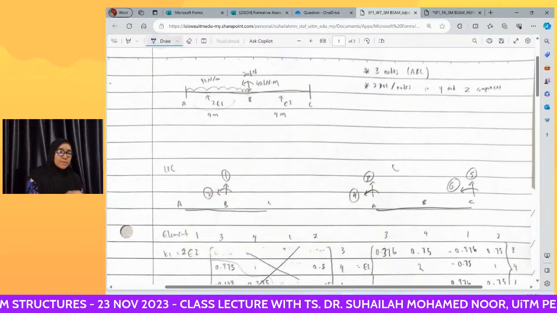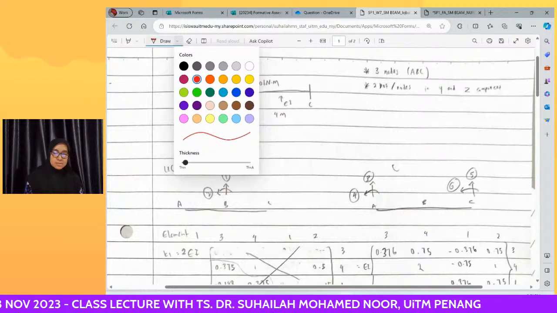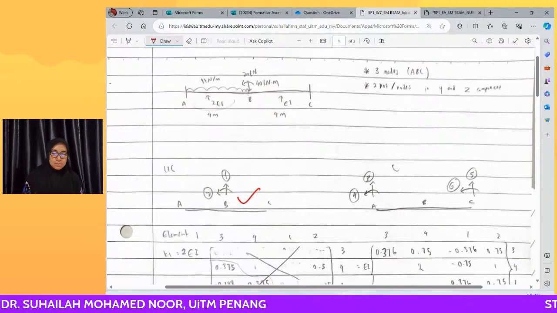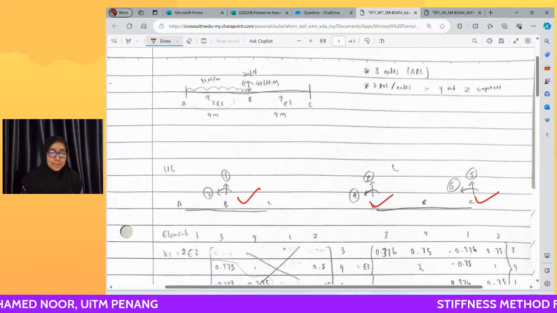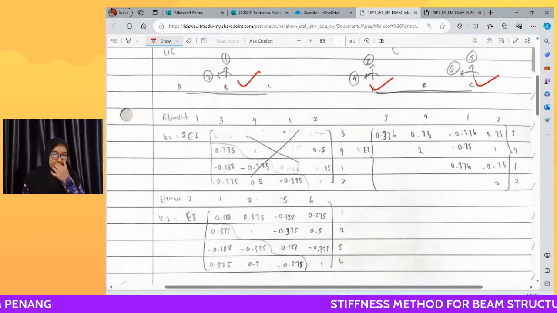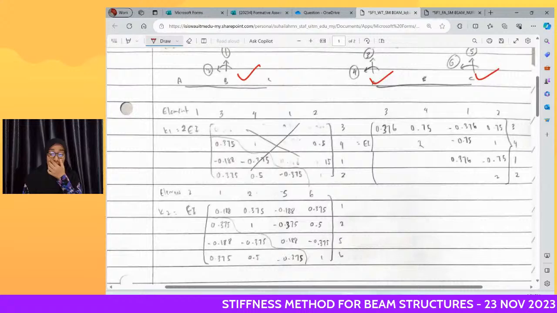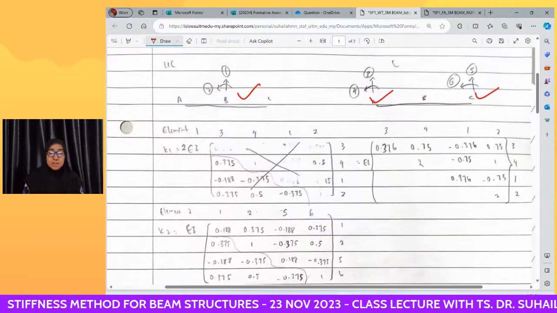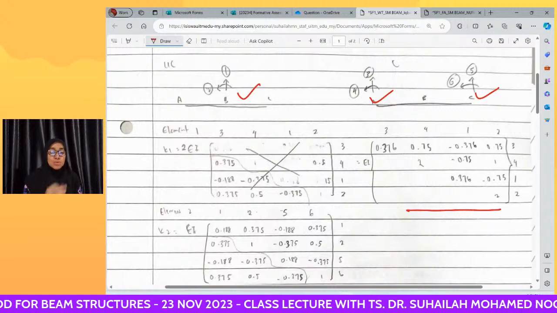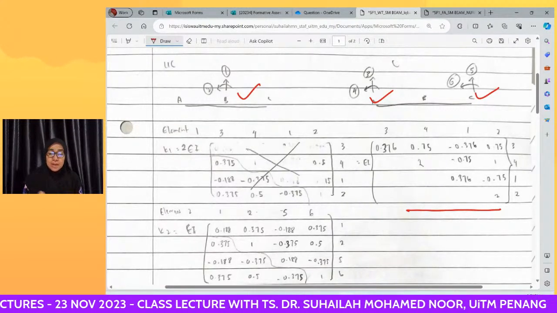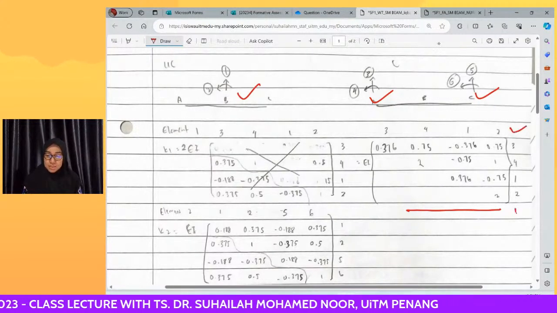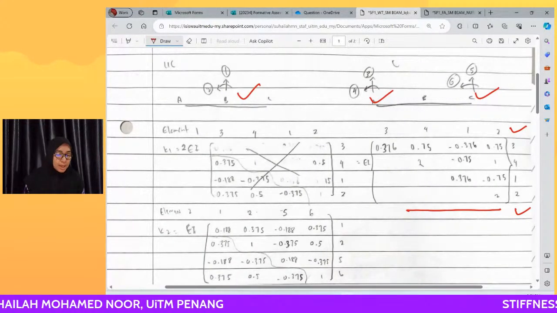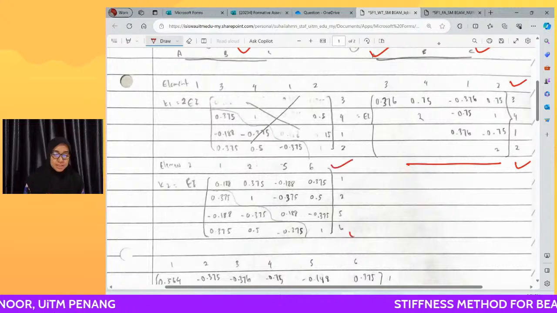The labels are correct. Then element number 1: make sure this value starts with 2EI. However, I want to check this. And 1, 2, 5, 6.